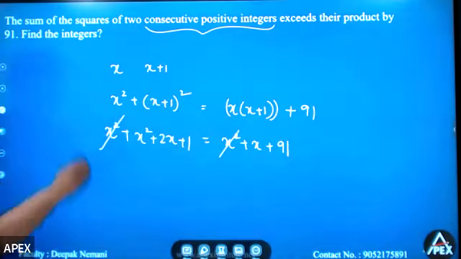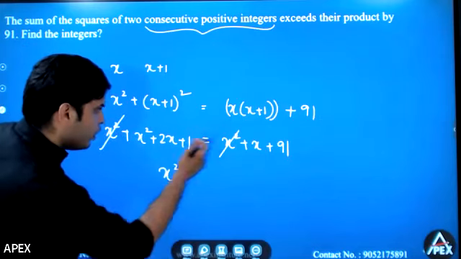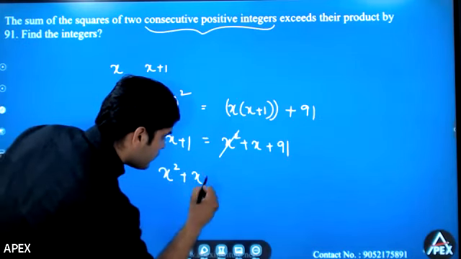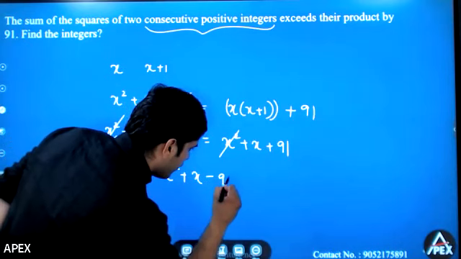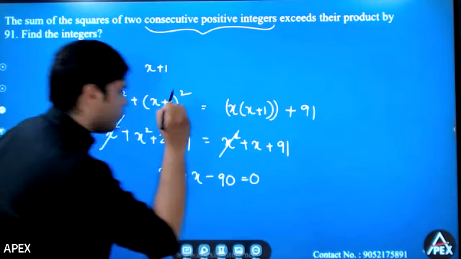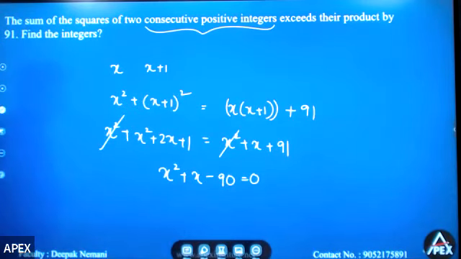Okay. So we will have x square plus 2x minus x minus 90 is equal to 0. Okay, so x square plus x minus 90 equal to 0.